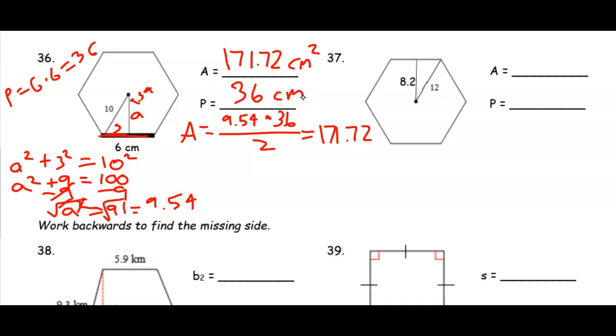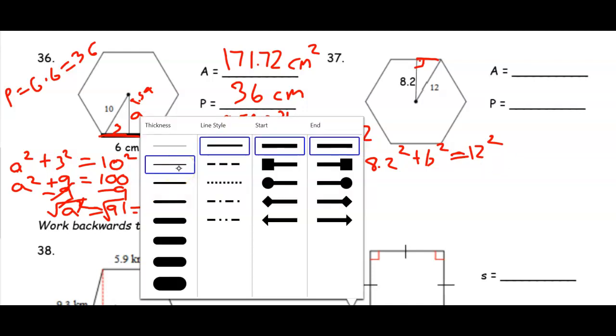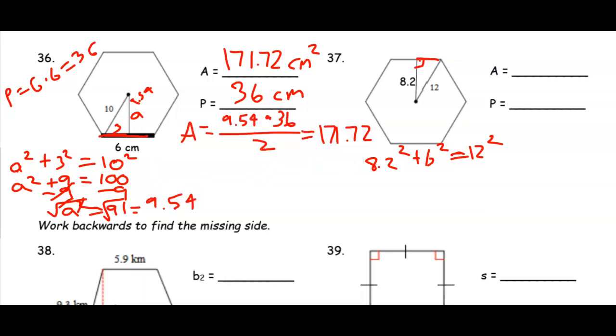Okay, same thing here. We have an apothem and a radius. We don't know the side lengths, so let's call it a, b, and c again. So 8.2 squared plus b squared equals 12 squared. So then we're going to find 8.2 squared, 67.24 plus b squared equals 144.